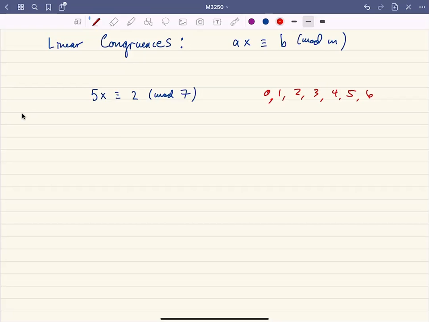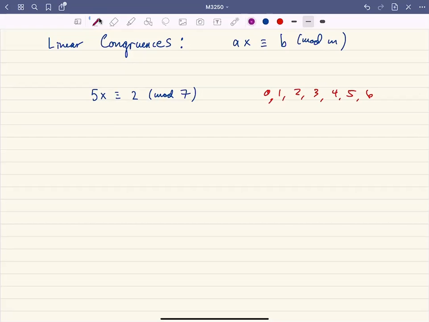Essentially, we think of all the integers as falling into one of 7 classes: 0, 1, 2, 3, 4, 5, or 6. So when we solve this, we want to figure out which of those 7 numbers, if any, solve this equation.